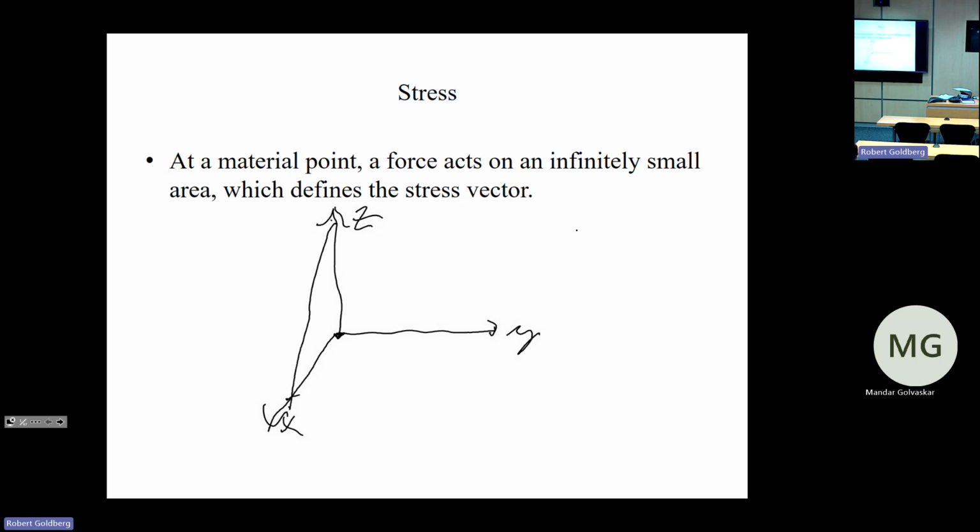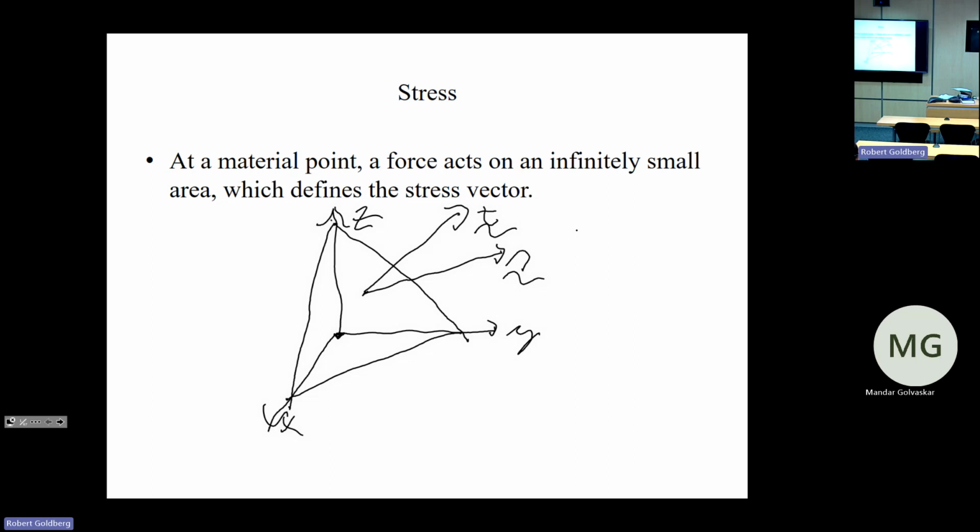Obviously, as I'm drawing it, it's not infinitely small, but for the purposes of the theory, assume that it is, based on the material point. And we say that a force acting on this infinitely small area has a normal vector n.